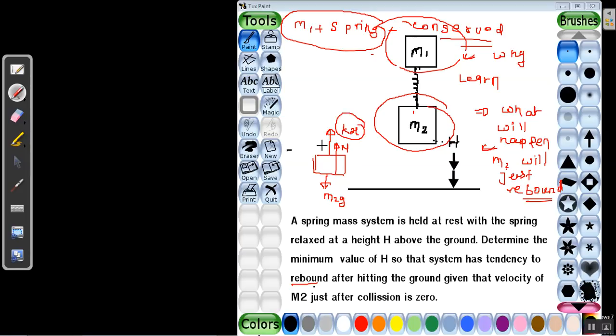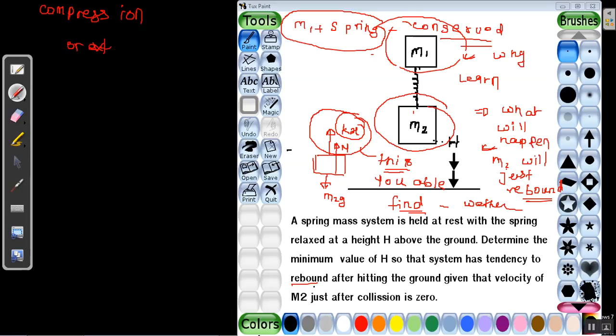If you analyze this, you are able to find whether there is compression or extension, or I can say tension, in the spring.